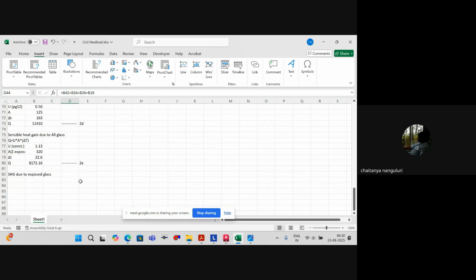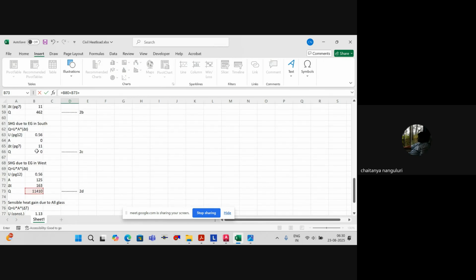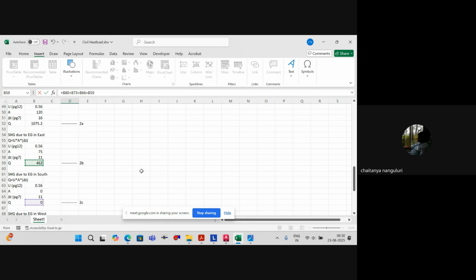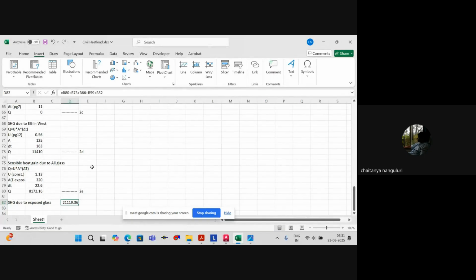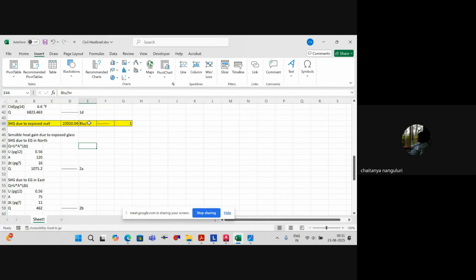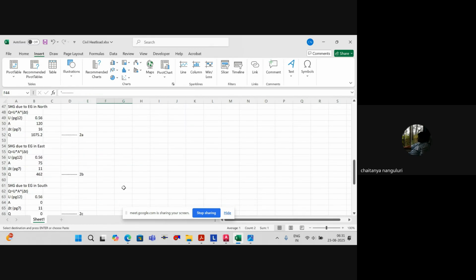We will maintain the same cell so that it will be easy. It is equal to this guy plus this guy plus this guy plus this guy. Exposed glass also we have added, sorry, all glass also. So totally five equations we have. So this is nothing but the total value that we have, which is in BTU per hour, and this is equation 2. Good enough?